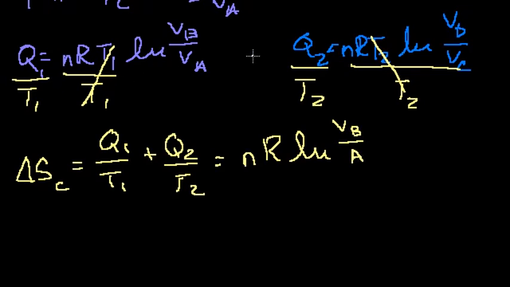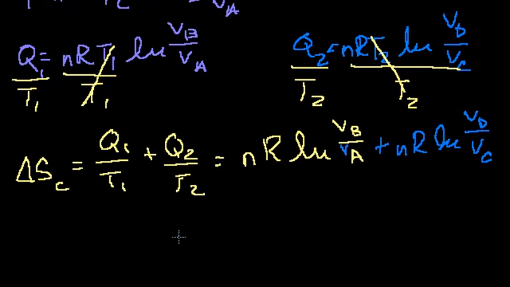That's that right there. And then plus q2 over T2, which is just nR times the natural log of Vd over, sorry, over Vc. This is Vc. This is a Va here.